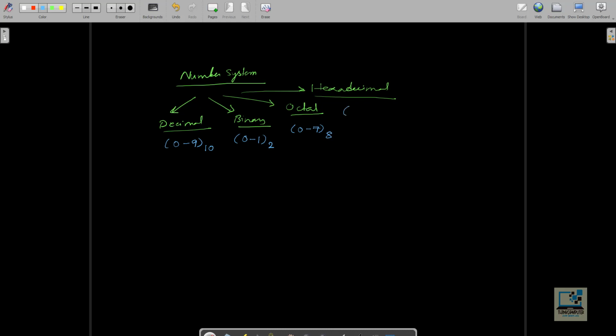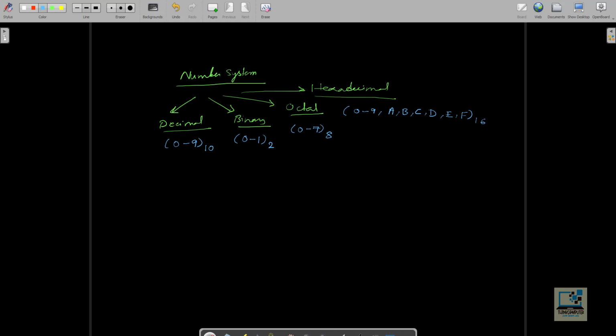And in hexadecimal we have total 16 digits, that is from 0 to 15. But we write from 0 to 9 as number, and then instead of writing 10 we write A, instead of 11 we write B, instead of 12 we write C, in place of 13 it is D, 14 is E, and 15 is F. This is written in this way to avoid confusion.